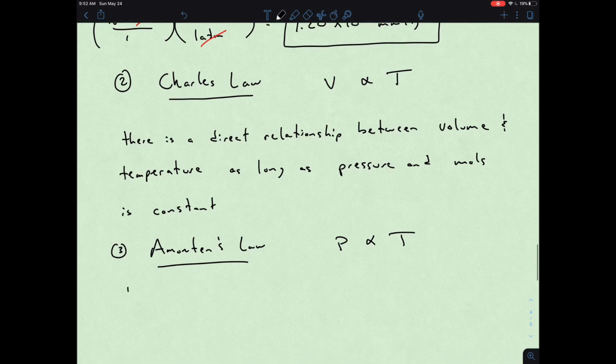And so we find there's the same thing, that there is a direct relationship between the two.